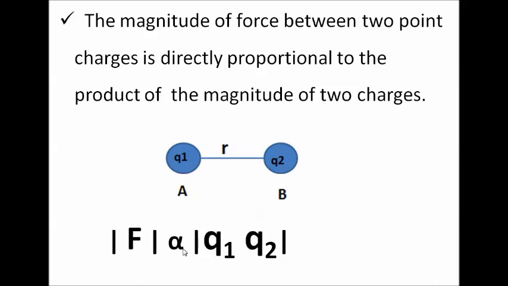If the magnitude of the product of two interacting charges is more, the amount of force acting between the charges will be more. If this magnitude is less, only a small amount of force will be acting between the charges. So, this was one conclusion Coulomb made from his experimental observations.